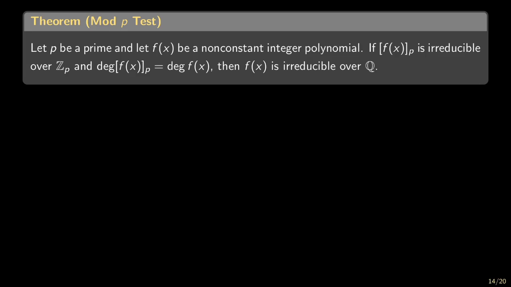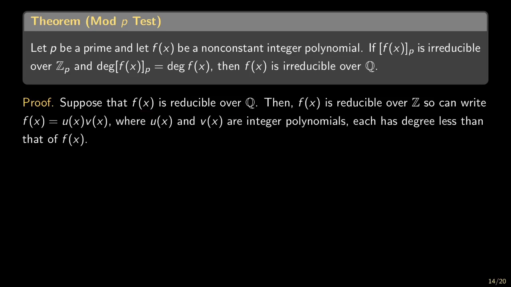Okay? So why is the mod p test true? So let's see the proof. Well, suppose, again, for the sake of contradiction, that f(x) is reducible over Q. Again, you can write f(x) as a product of two non-constant integer polynomials. Now, why can we select integer coefficients?